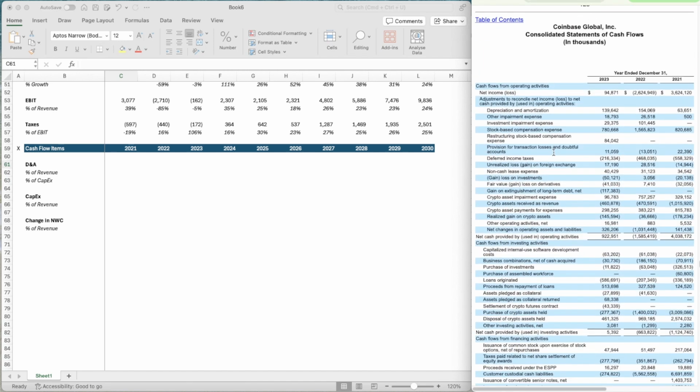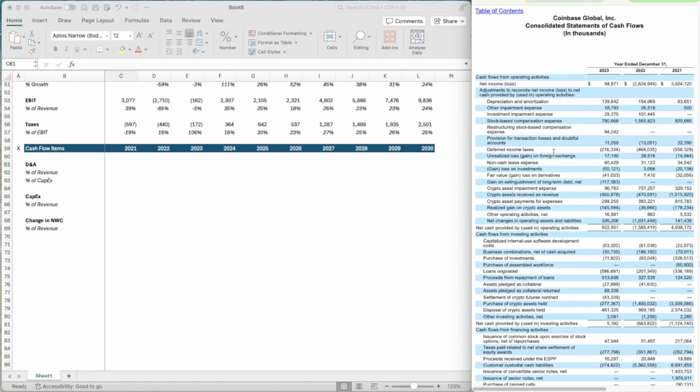And our change in net working capital is this net changes in operating assets. Great, so we can just copy that down rather than having to do the sum of the various different items like we normally do. Okay, good.